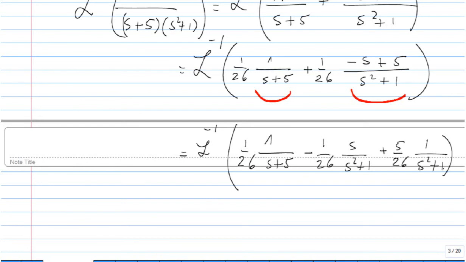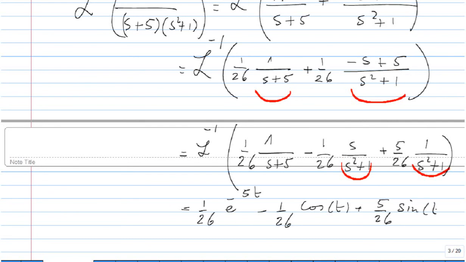The reason is because s over s squared plus 1 is just the Laplace of cosine t, while this one is the Laplace of sine of t. So the answer is 1 over 26 e to the minus 5t minus 1 over 26 cosine of t plus 5 over 26 sine of t.